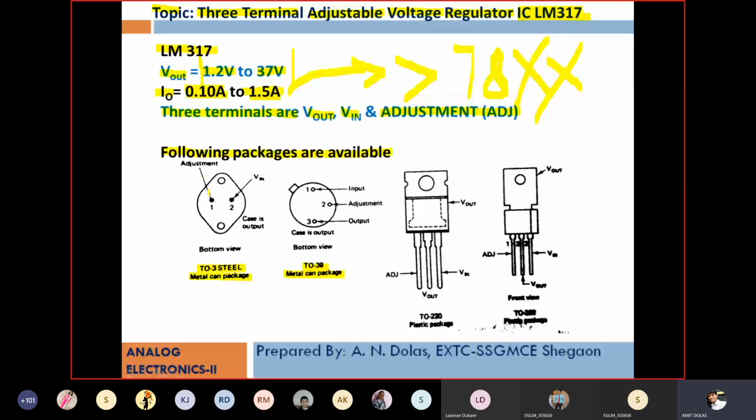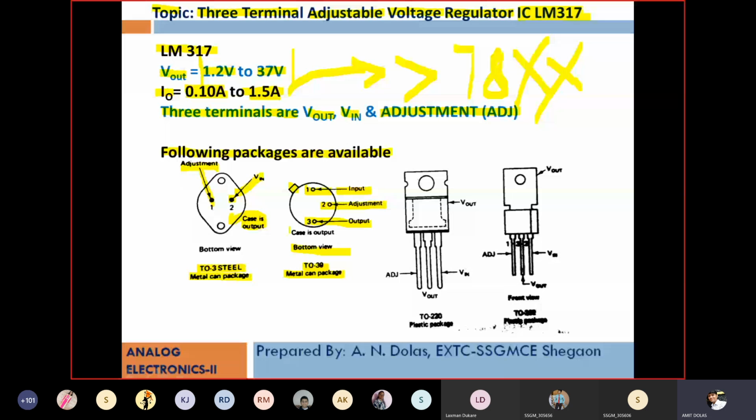If you see it this way, the first terminal is the adjustment terminal, the second terminal is the input terminal V in, and the body itself is the output terminal, since the body is metallic. In the other type, like a hat, the first terminal near the notch is the input terminal, the second terminal near terminal number 1 is adjustment, and the third terminal, far away from the notch, is the output terminal, and the case is metallic. The case is the output.